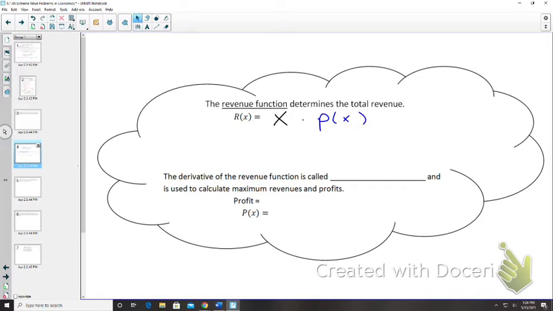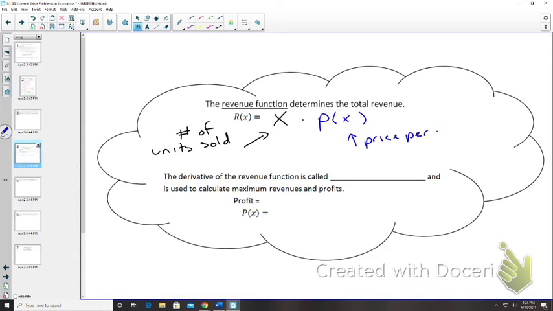Here x is going to be the number of units sold, and P of x is going to be the price per unit. The derivative of the revenue function is called marginal revenue, and is used to calculate revenues and profits.